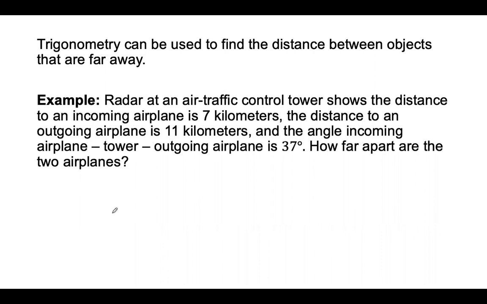So we can draw sort of a tower. This is my tower. Sorry, I'm not sure how to draw a tower. And the distance here is 7, and here, let's say, is 11.